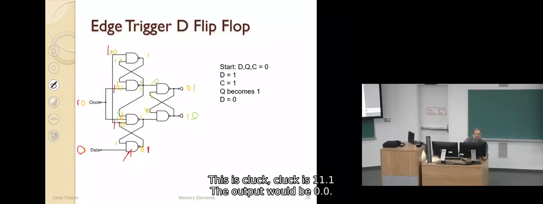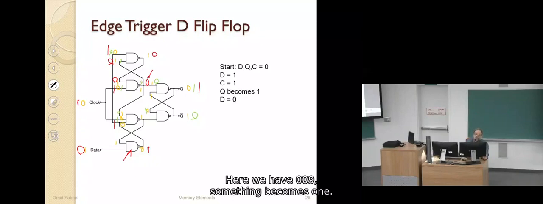So 1 and 1, the output would be 0. And 0 comes up. And the NAND gate, 1 and 0, becomes 0, the NAND. And this is 0 also. The output of the NAND is 0. So still we have clock Q, because this is 0.